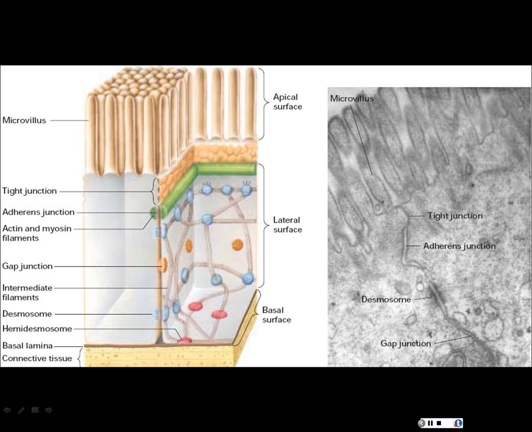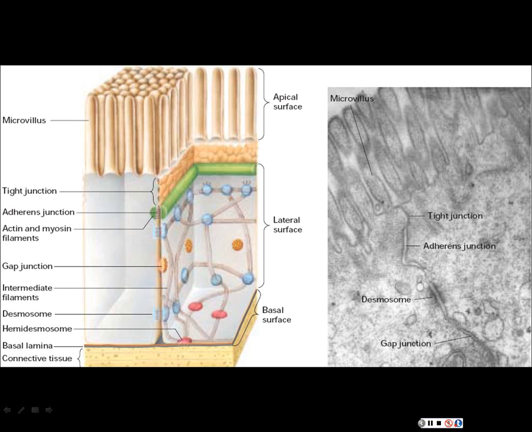So it's a diffusion-limiting type of barrier. Those are the three primary types of junctions that we'll study this semester, but clearly they're not the only types of junctions. There are some variations of those, but those are the ones that we'll use and point out.